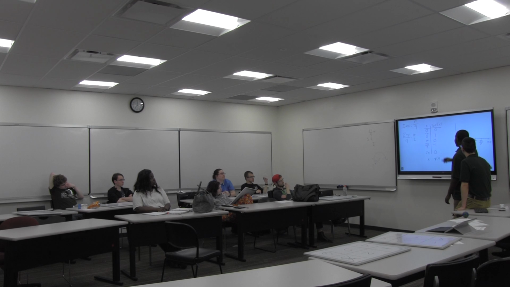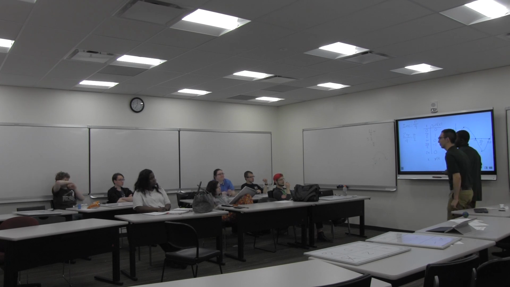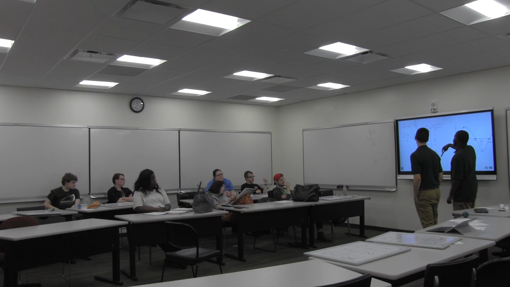And now we just plug in our values, so 0, 1, 0, negative 1, and 0. Pi over 2 is 1, pi is 0, 3 pi over 2 is negative 1, and 2 pi is 0. So, we just connect the dots. And that's it. And you do the same for cosine.